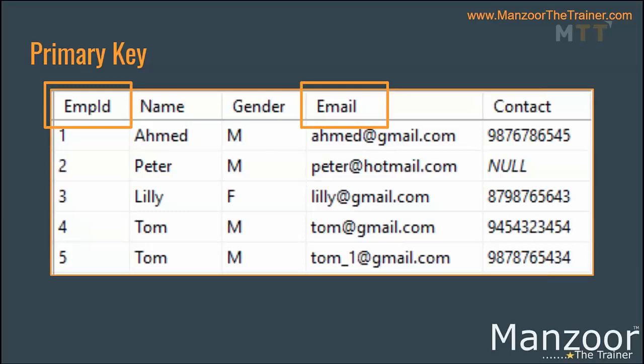Do you find multiple employees with the same employee ID in any organization practically? No. That means what? Employee ID values cannot be duplicated. Fine. Do you find any employee in an organization who does not have any employee ID? No, right? So employee ID cannot be null.